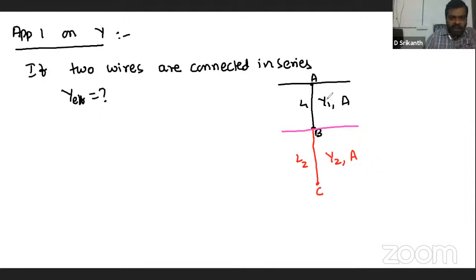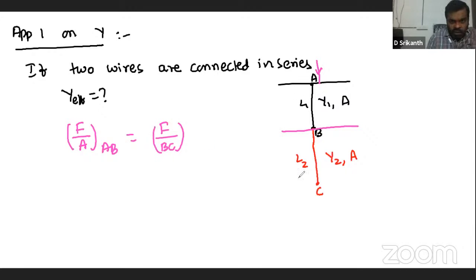Whatever the stress I am applying, the stress acting on the first wire AB is equal to the stress acting on the second wire BC. That is equal to the total wire.